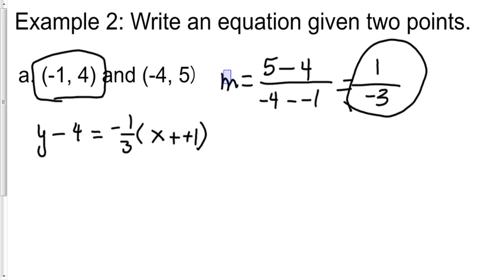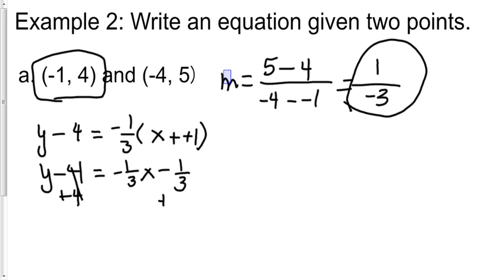All right, so I have to distribute first before I move the 4 over. So I'm going to take -1/3 times x, and then -1/3 times +1. So I get -1/3. Now solve for y. I just need to move this number to the other side, so I'm going to add 4.